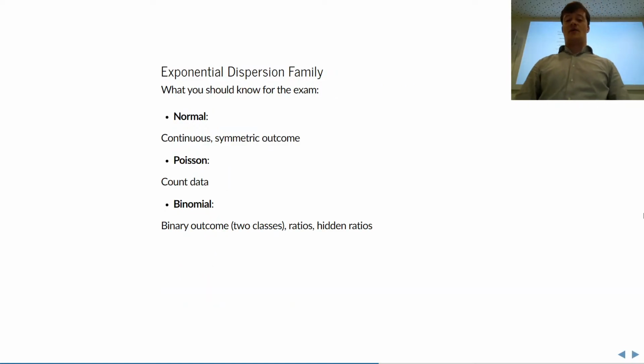But this is what you should remember. So the normal distribution is a logical choice for data that are continuous and that are symmetric around their mean. And remember that I said data, but that's actually not precise language. We make no assumptions about the data. We also make no assumptions about the response variable. We make assumptions about the errors.